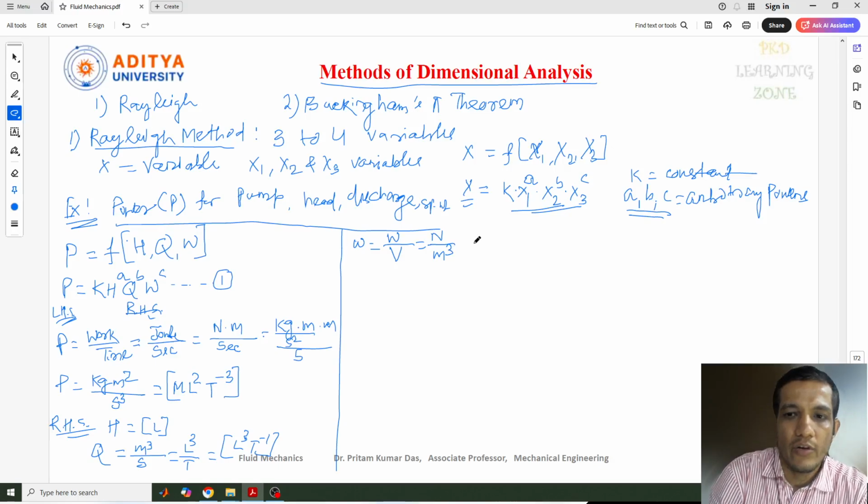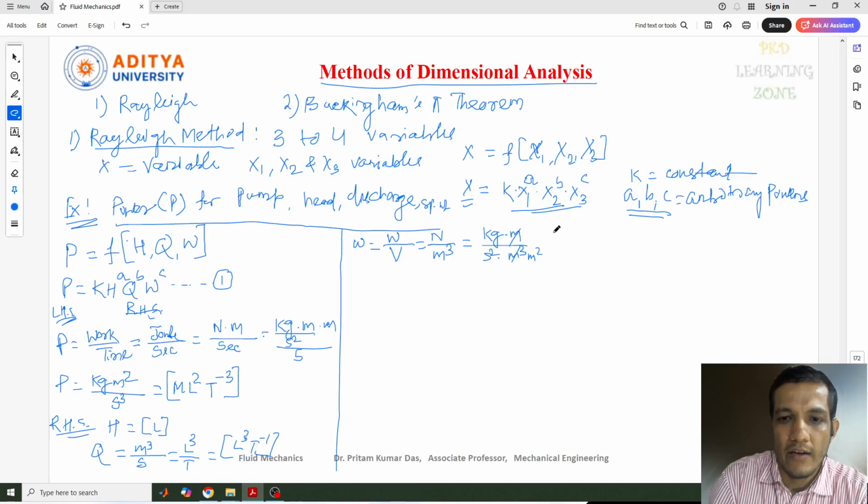Okay, and Newton per meter cube, just now we have identified Newton equals kg meter per second square. So we can write that in the term like kg into meter per second square, and this is meter cube. Now if you see this, meter will be cancelled, and meter square will be there.